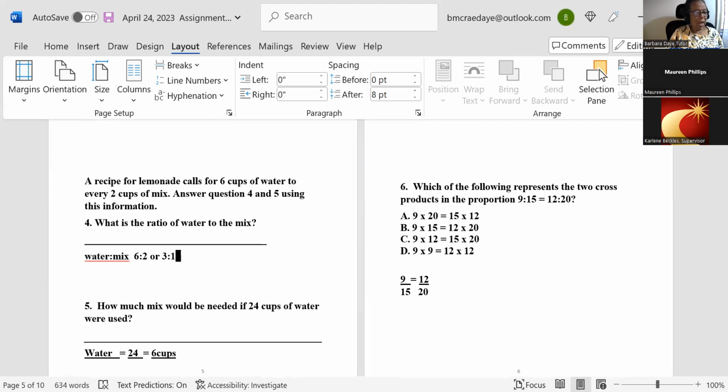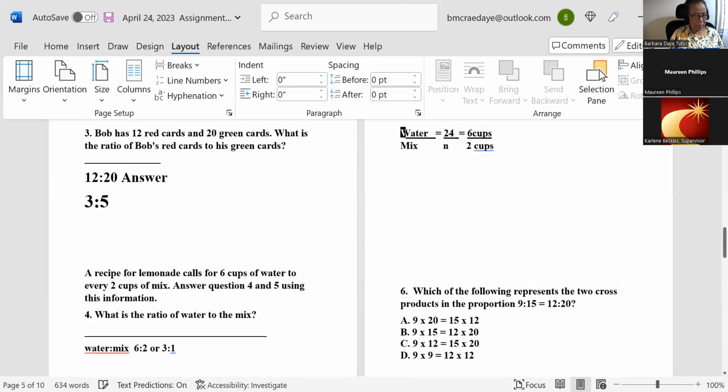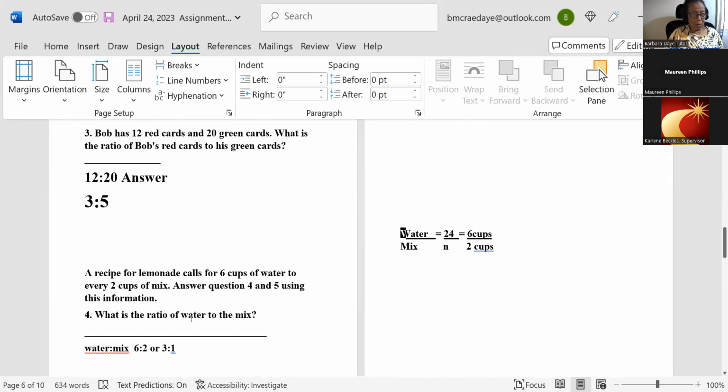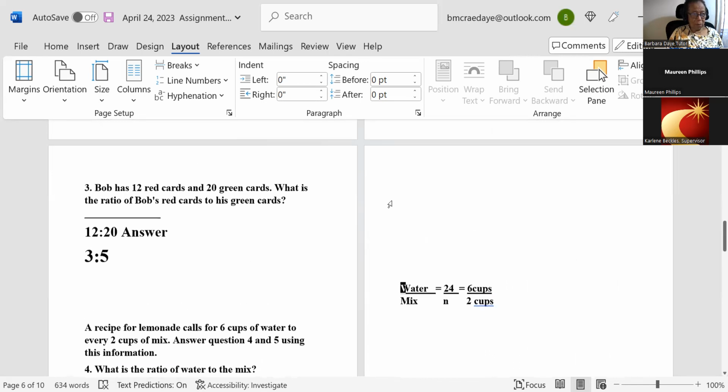Now, Maureen, how would you solve number 5? How much mix would be needed if 24 cups of water were used? I would say 24 and 6. Okay, 6 cups of water. Let's go back here. Now, this is where you have to create a proportion, right?